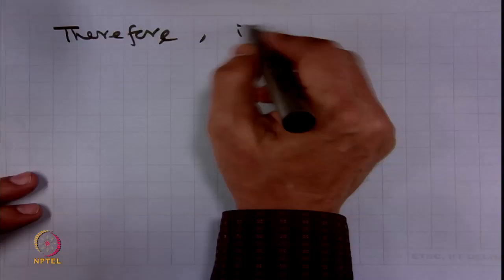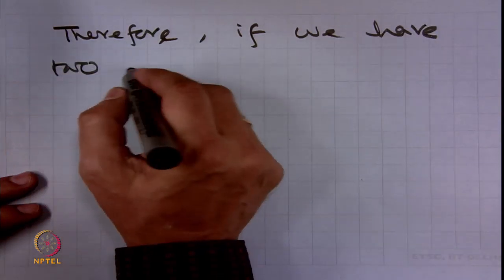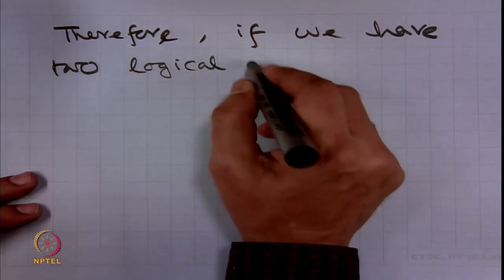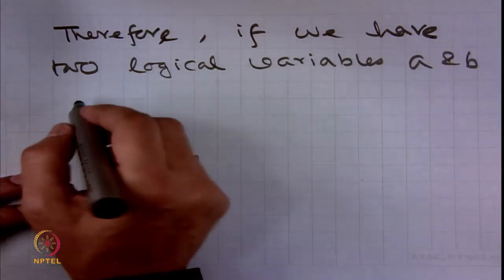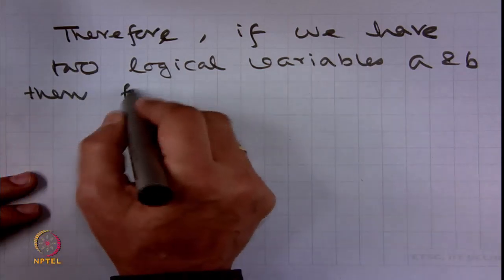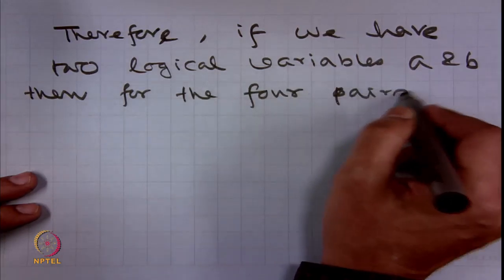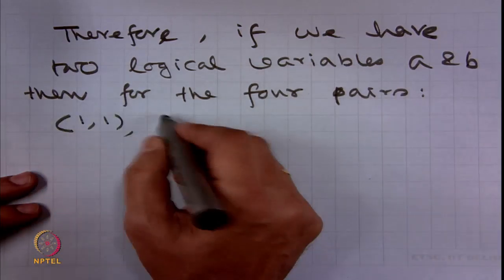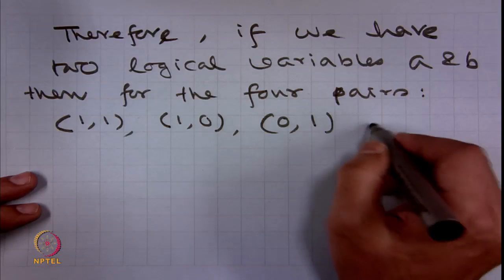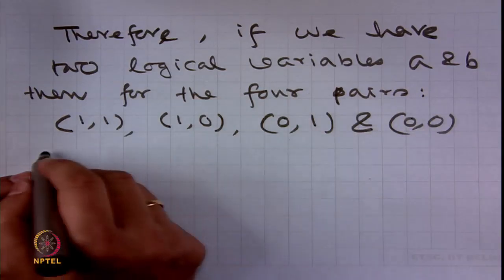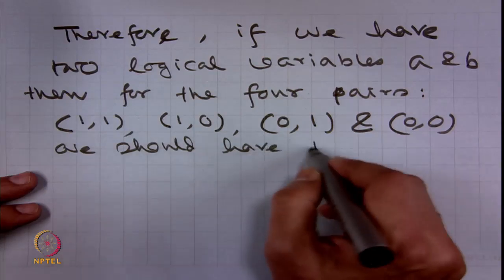Therefore, if we have two logical variables A and B, then for the 4 pairs 1 comma 1, 1 comma 0, 0 comma 1 and 0 comma 0, we should have the following.